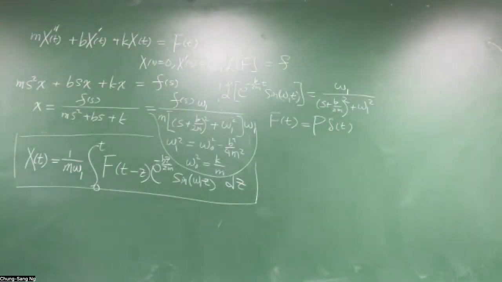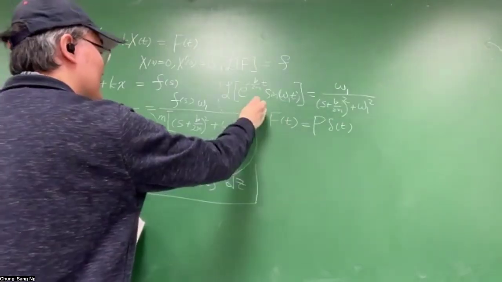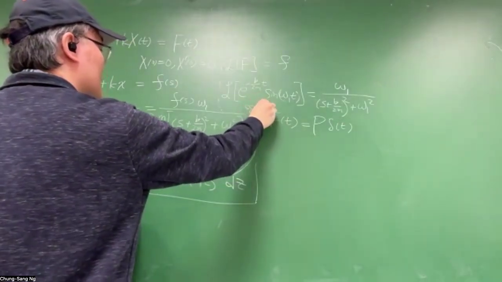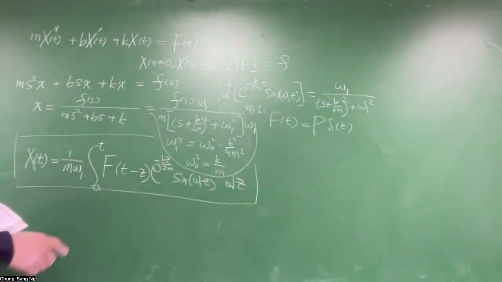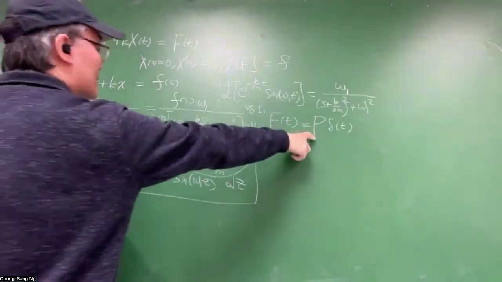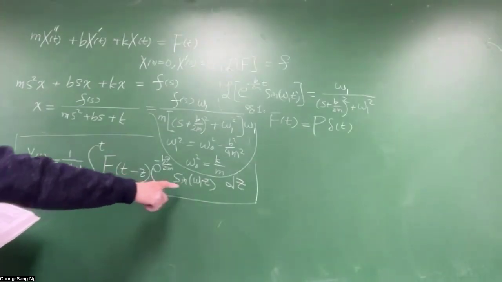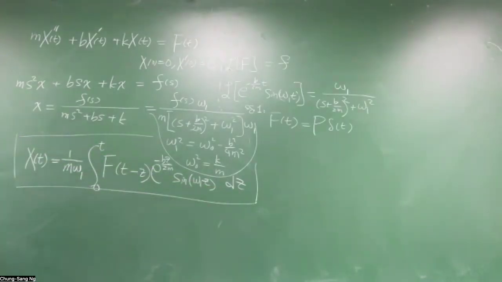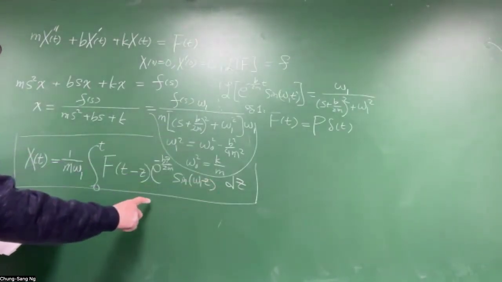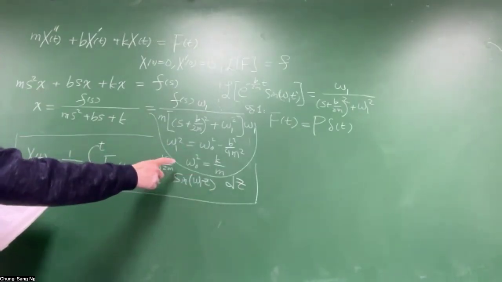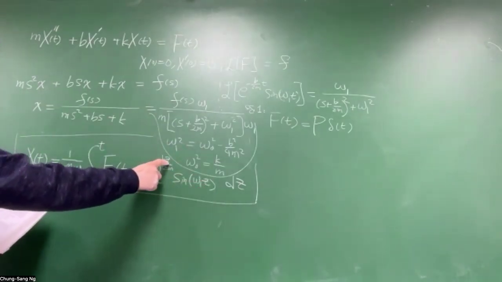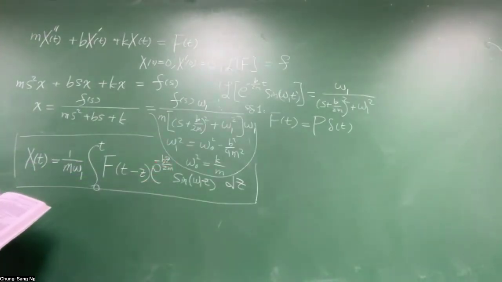This is just an example. You just substitute this in here. That becomes a capital P times delta of t minus z. You integrate it over z, right? Then using the property of the delta function, basically all the dependence on z becomes t, and that would be the integral.